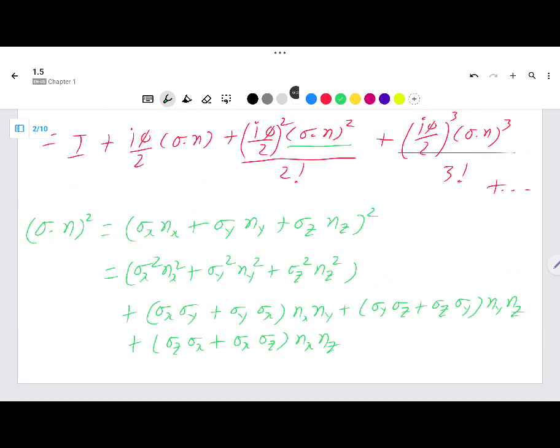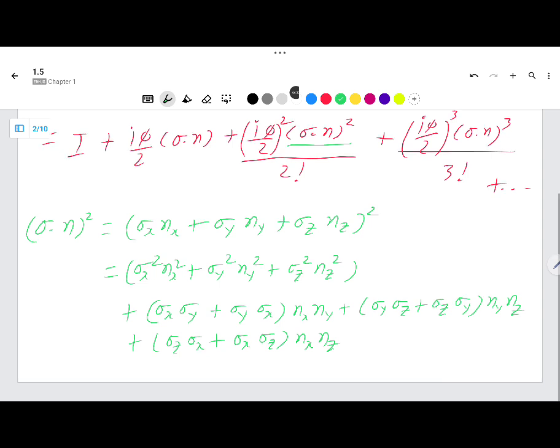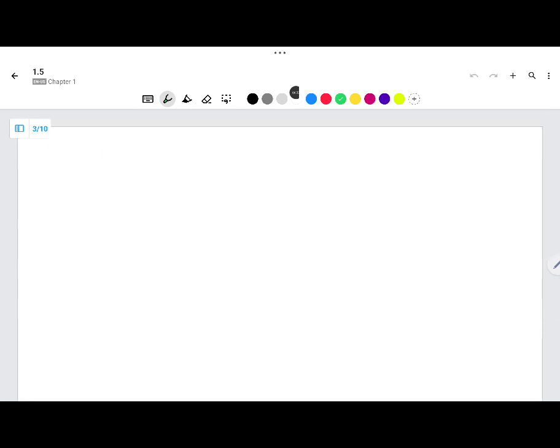Okay. So we'll use the identity of sigma i squared. If I square any of the Pauli matrices, I get identity.